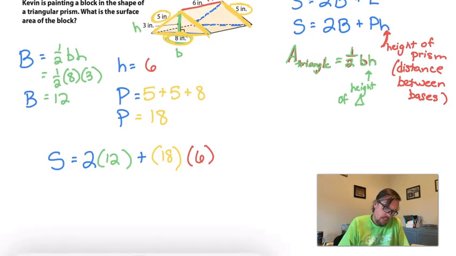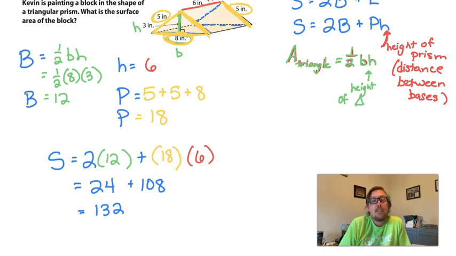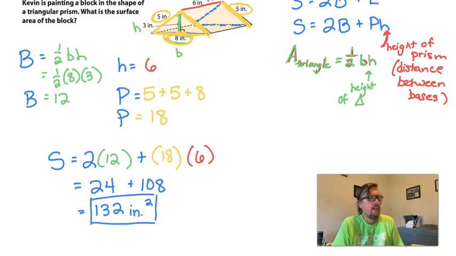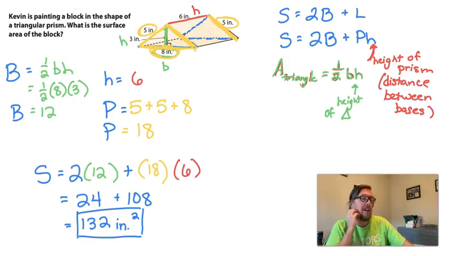Now we just got to do a little bit of arithmetic here. 2 times 12 is 24. 18 times 6, well, that's 10 times 6, plus 8 times 6, which is 108, for a grand total of 132. The units that we were measuring in were all inches, and because this is surface area, it is going to be square inches. So the surface area of this magnificent triangular prism is 132 square inches.